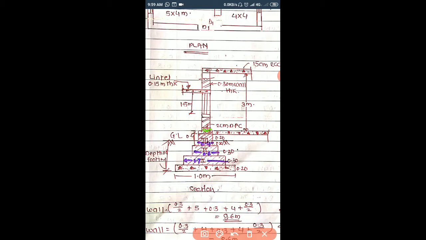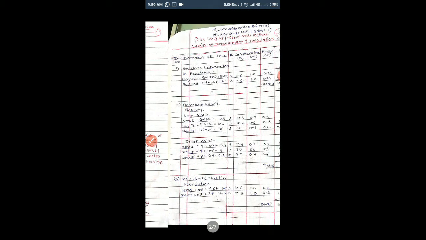Then for the length we will calculate for long walls and short walls, and keep the height part blank. So we will add this 0.3 for getting the long wall, and subtract 0.3 for getting the short wall. The numbers will be the same, and length and width will give the quantity of damp proofing course.